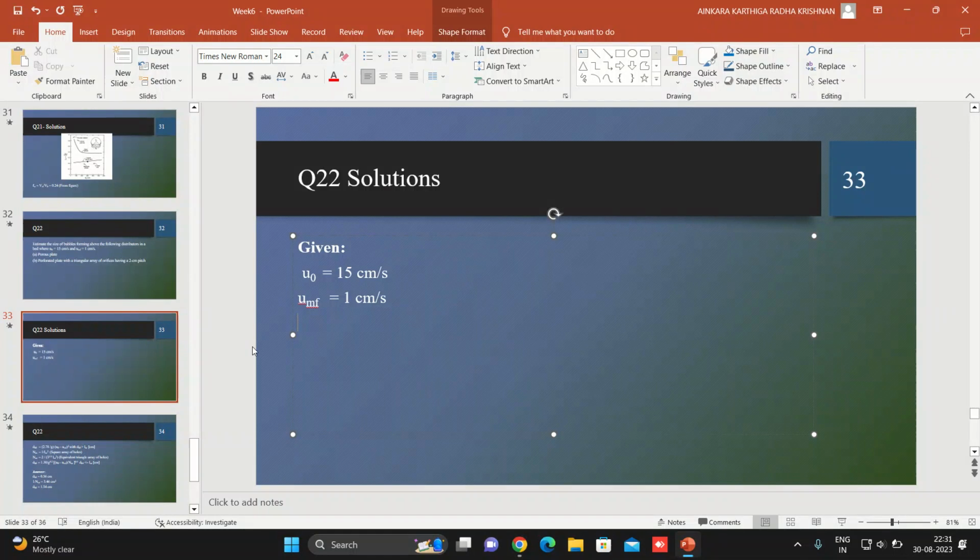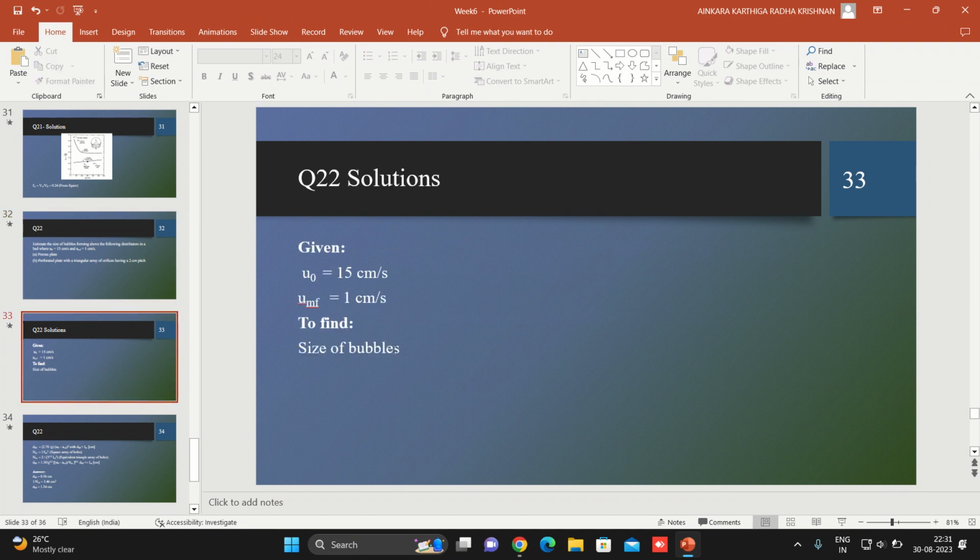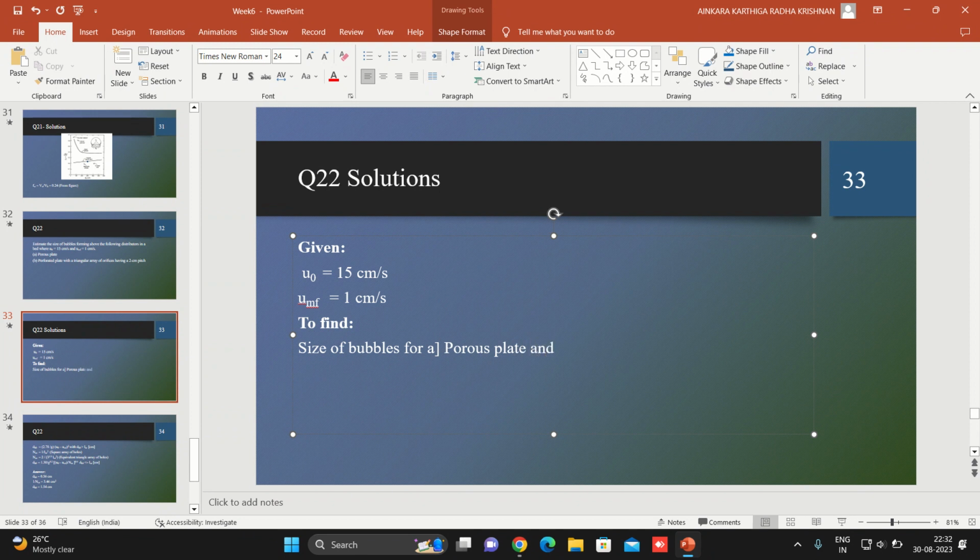What was asked? Size of bubbles, to find, for porous plate, perforated.